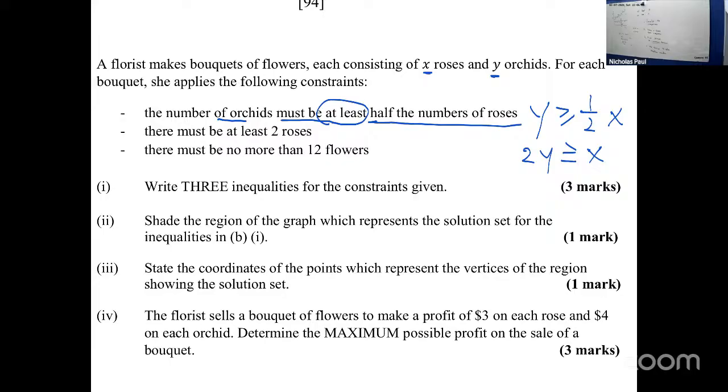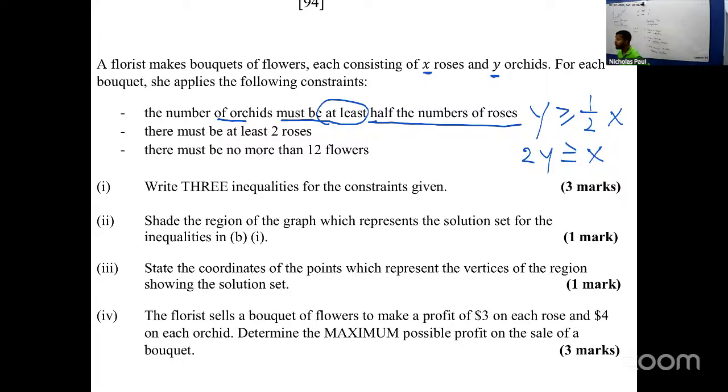Right, you're looking for letters and symbols. Right, Jacob. Help out here.